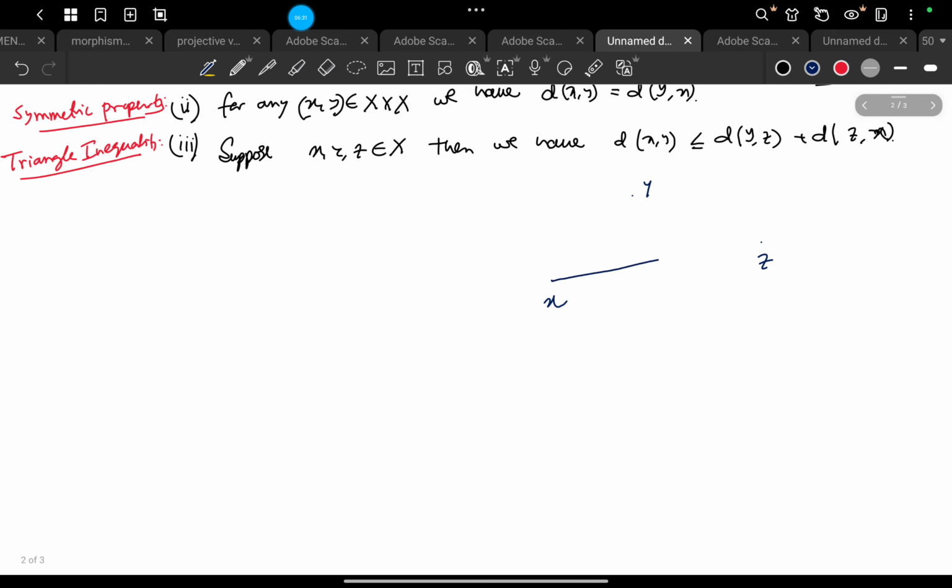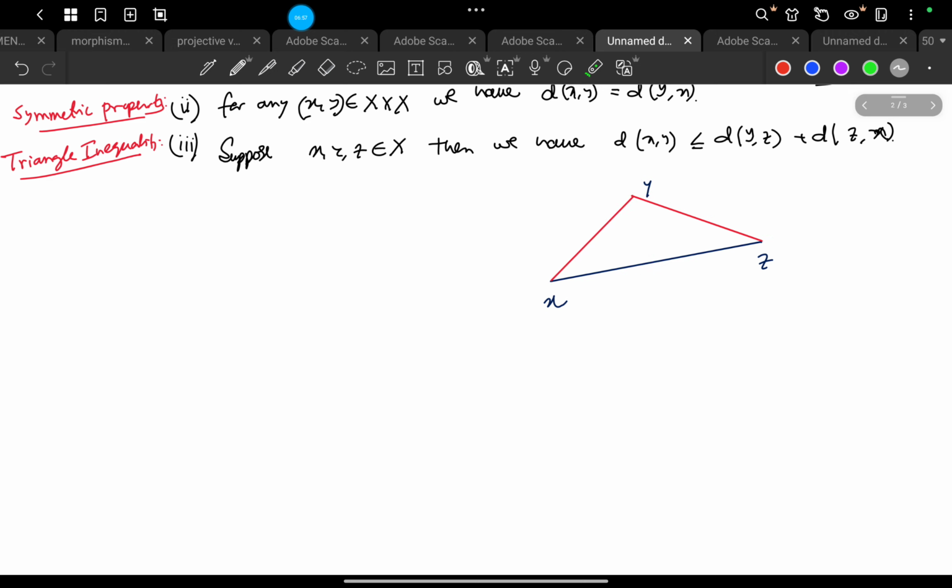Either you go directly from x to z via this line, or you may go first from x to y, and from there you may go from y to z. So you have to take this particular traversing path, otherwise you have this one.